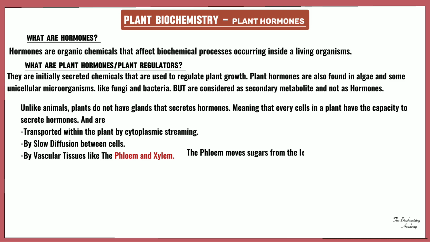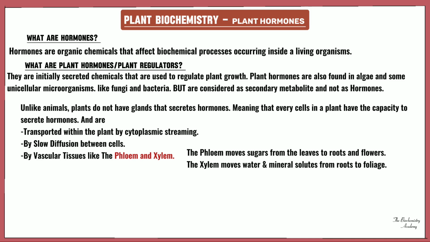The function of the phloem is that it moves sugars from the leaves to the roots and the flowers, and the function of the xylem is that it moves water and mineral solutes from the roots to the foliage.